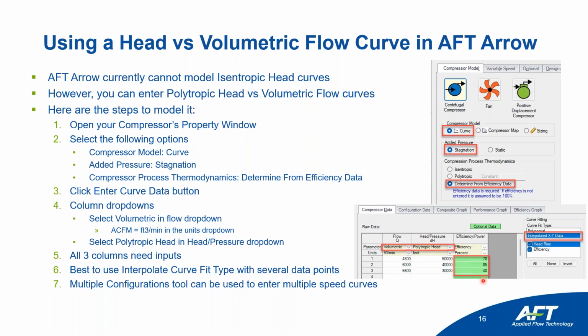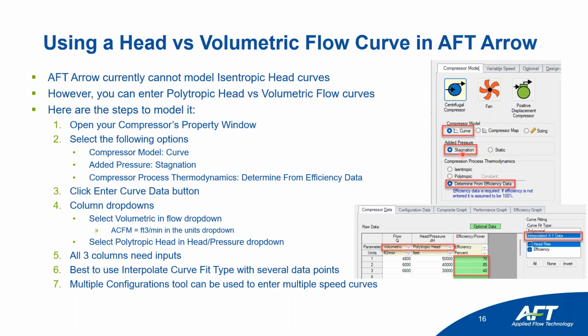So with that said, Arrow lets you enter the polytropic head versus volumetric flow curves. Remember, that's the inlet volumetric flow. And here are the steps to do it. You would double click on your compressor in Arrow to open up your property window, and you just need to set the compressor model to curve.